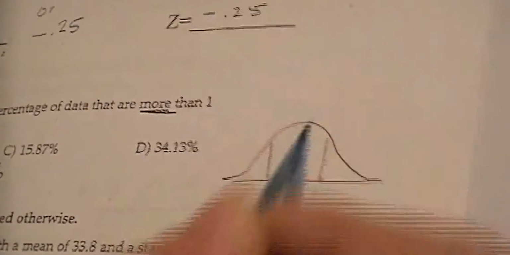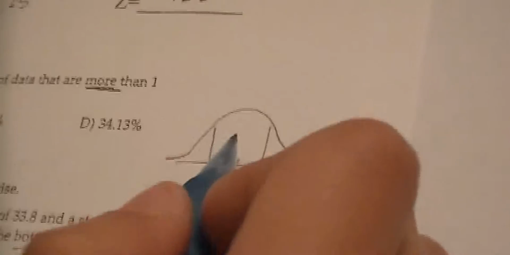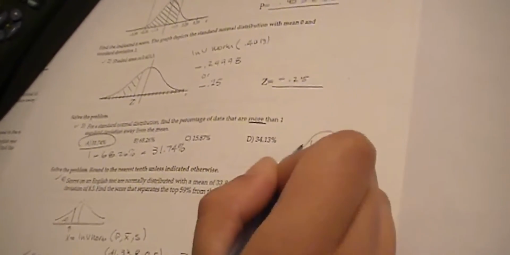He wants to know the percentage that's more than one standard deviation away. So he doesn't specify if it's one standard deviation above or one standard deviation below. So you're going to assume that he's talking about both. Oh, okay. Because he doesn't specify. So he wants to know what this area is and then what this area is.